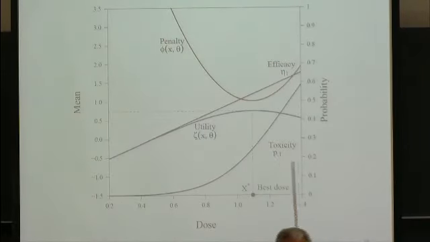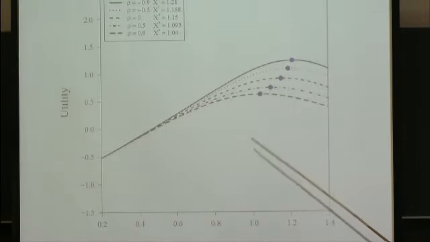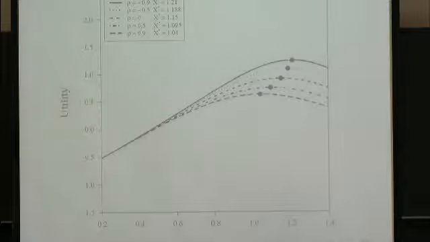So why do I bother about this rho, about the correlation coefficient? Here I plotted a few functions, not me of course, I asked her to plot, of this utility function for different correlation coefficients. On an intuitive level it seems clear that the optimal dose depends upon how your toxicity and efficacy are correlated.